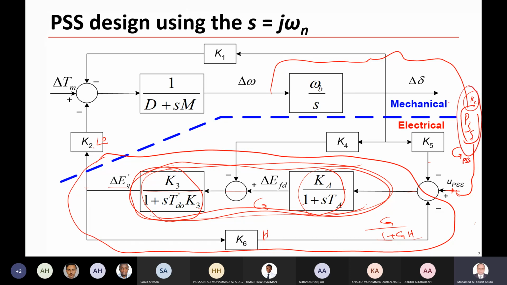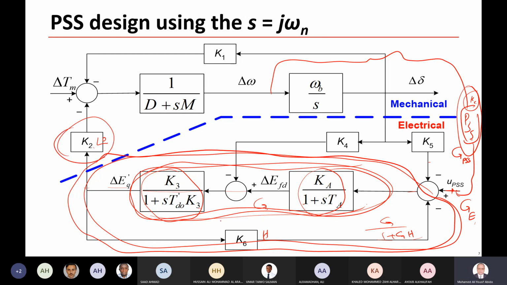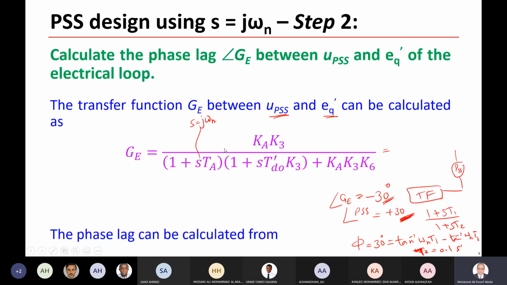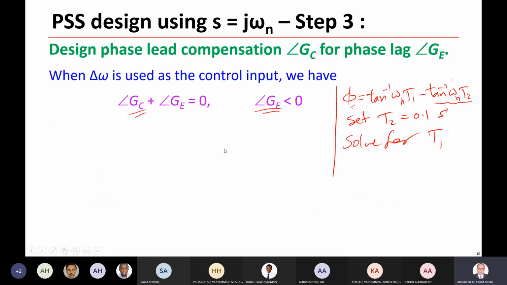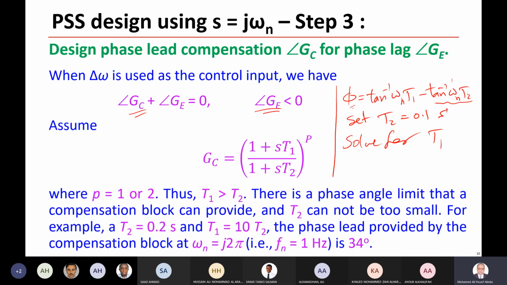You have a gain here, and you have a gain through this GE, which we calculated already. So this is the magnitude of GPSS times the magnitude of GE times K2, and of course we have KC embedded in the power system stabilizer transfer function. So you can have this DE equal to this.